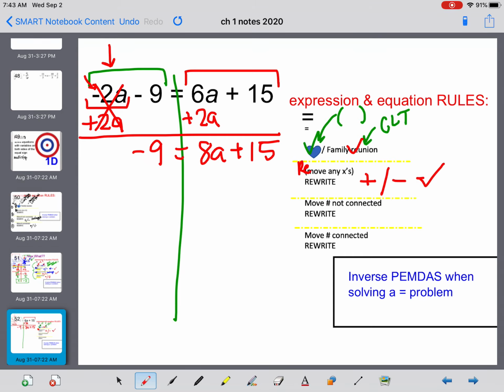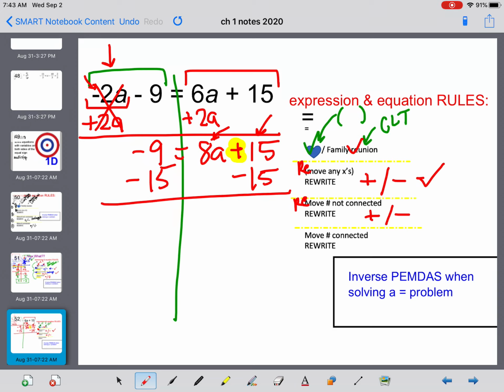Okay, the next step down, we've checked this box. We removed one of our a's. Now we're going to remove the number that is not connected to the variable. So the 8 right now is connected to my variable. So the first one I'm going to remove is the 15. And I always use addition or subtraction again at this step. Since this one is a plus 15, I'm going to use subtraction to get rid of it.